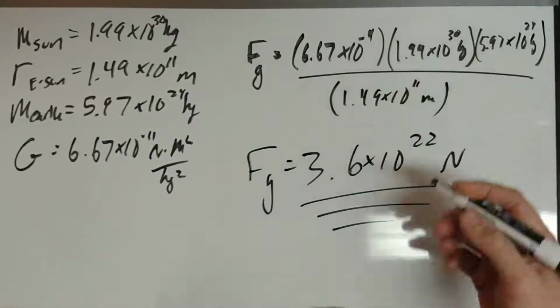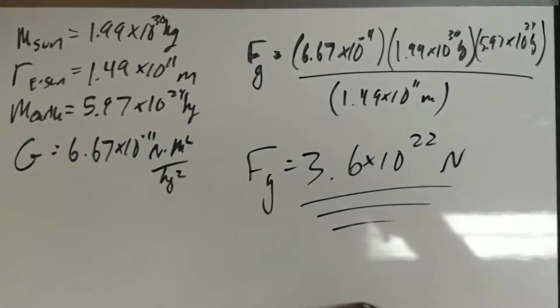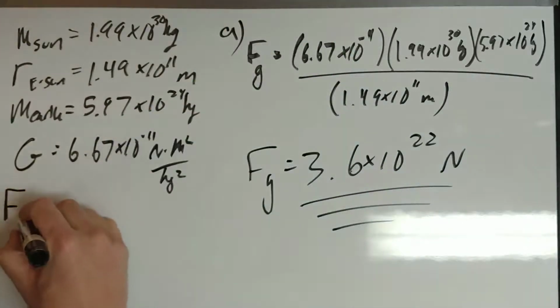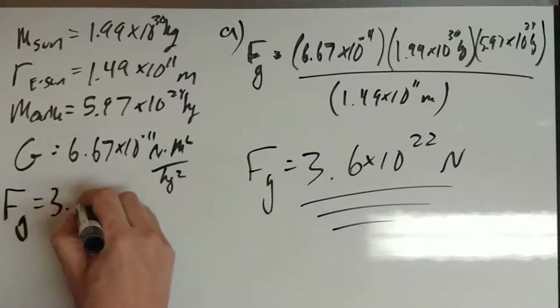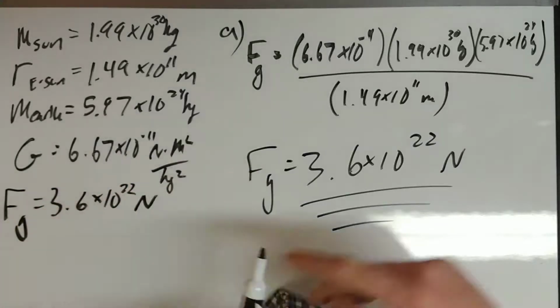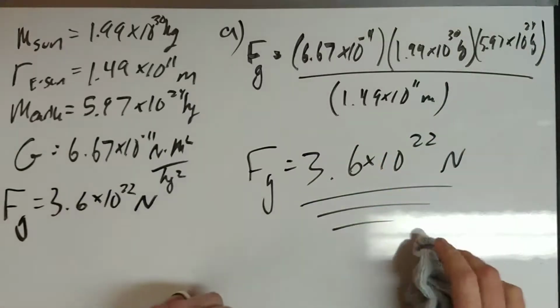Basic equation, but big numbers, which is a pain. So that's part A there. Let's record that off to the side before I erase this. That's the force of gravitational attraction between the Sun and the Earth.